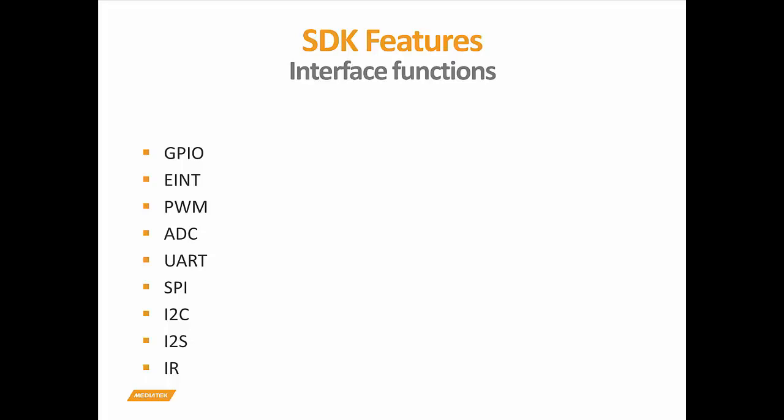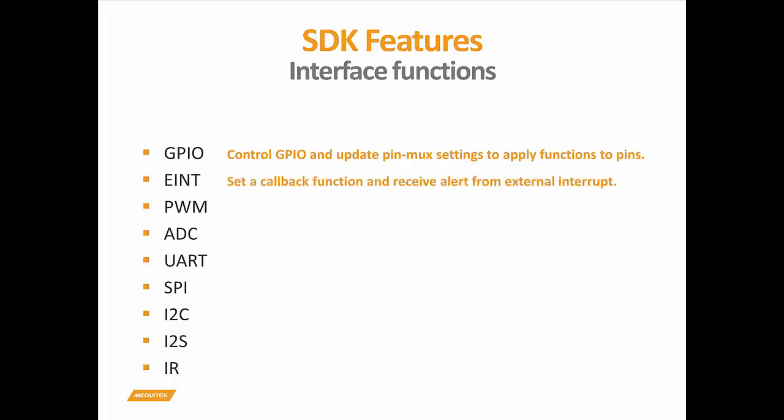Some of the interface functions: GPIO, basically to control your GPIOs and update the PINMUX settings to apply functions to pins. INT, to set a callback function and receive alerts from external interrupts. PWM, where you output a pulse width modulation signal with various frequencies and duty cycles.